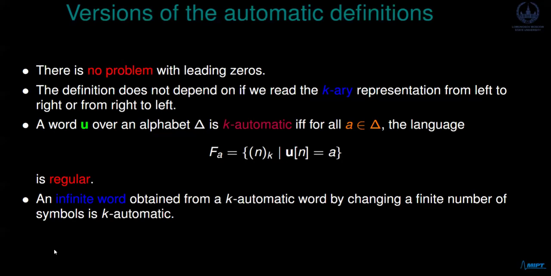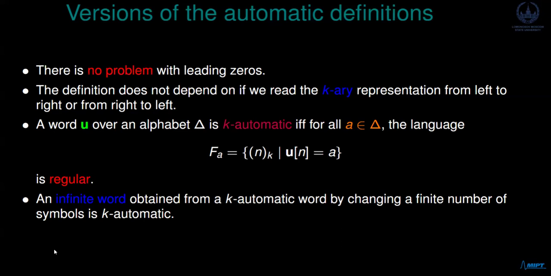As we have explored automatic sequences, it's essential to understand some important clarifications and variations of the definitions that ensure consistency across different contexts. No problem with leading zeros: one of the properties of automatic sequences is that leading zeros in the k-ary representation of a number do not cause any issues.